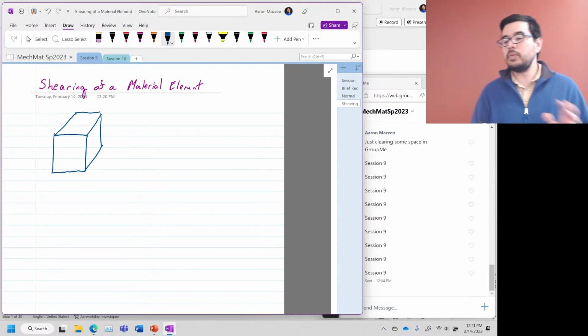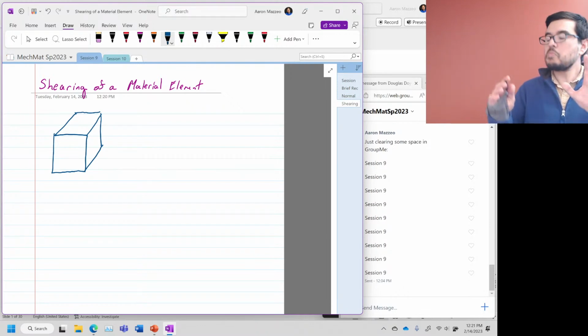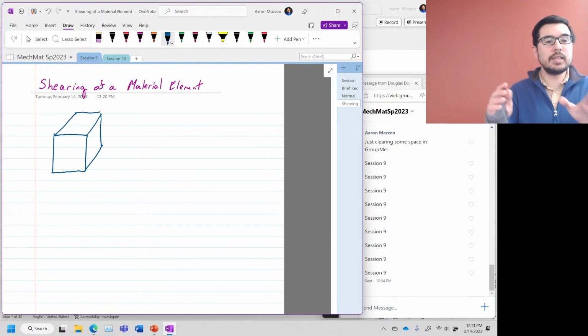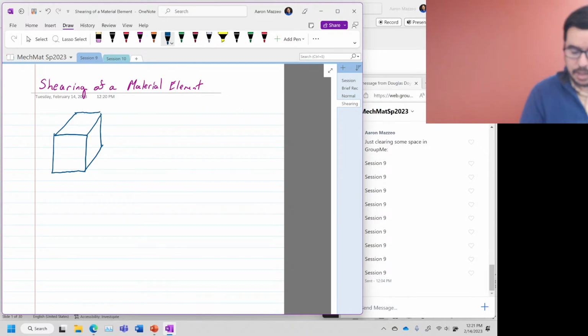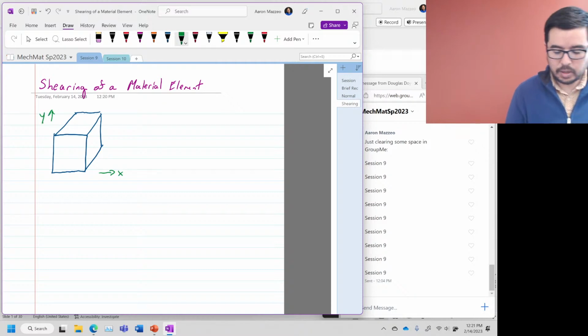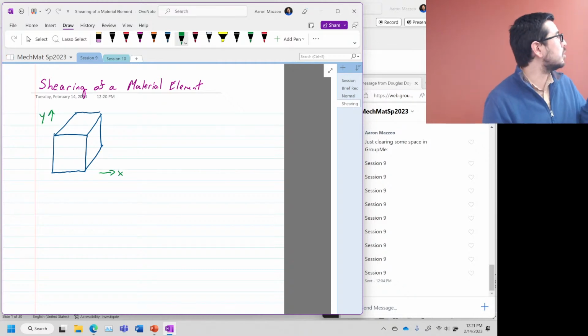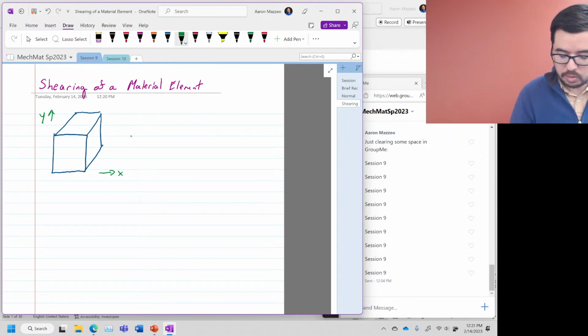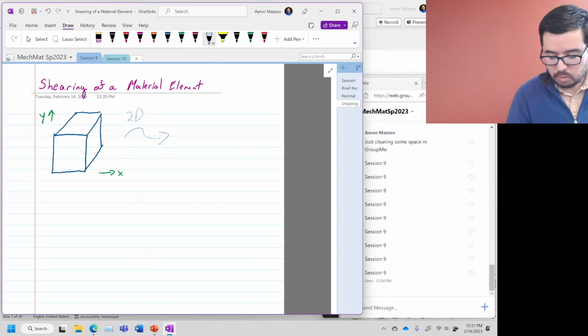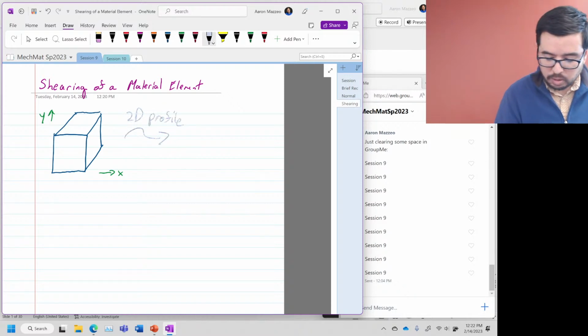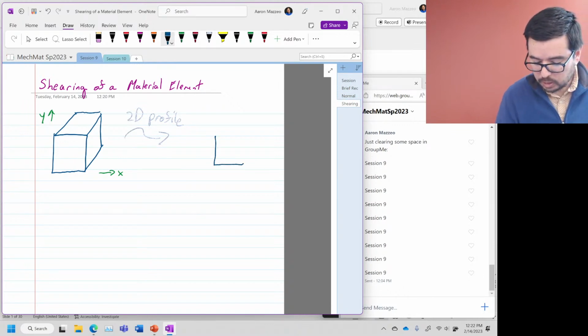And in the past, we've kind of drawn the different stresses on the different faces. Let's just say that we have, this is the x direction, and this is the y direction here, okay? And for now, we're going to take a 2D profile, all right? So we're going to do a little 2D profile, and just write out our element as a square.